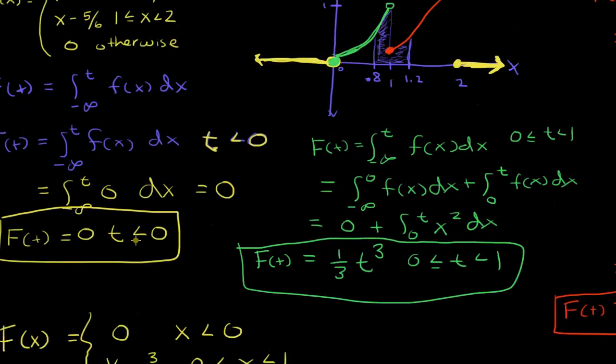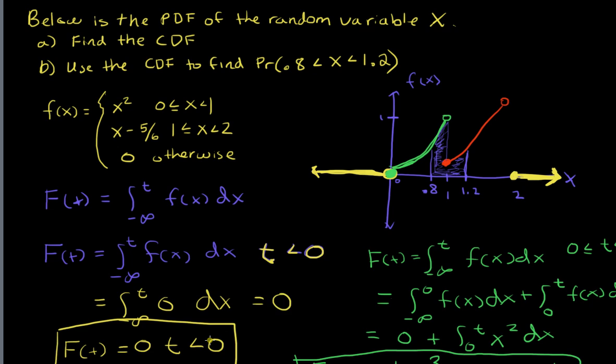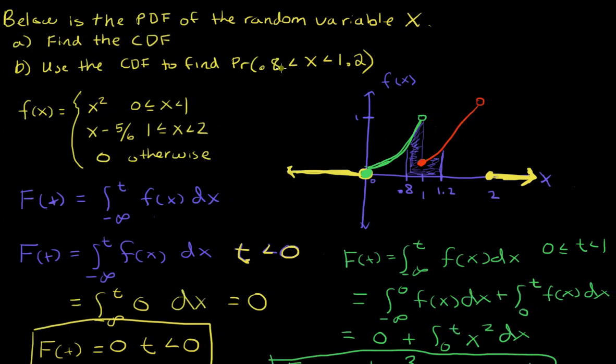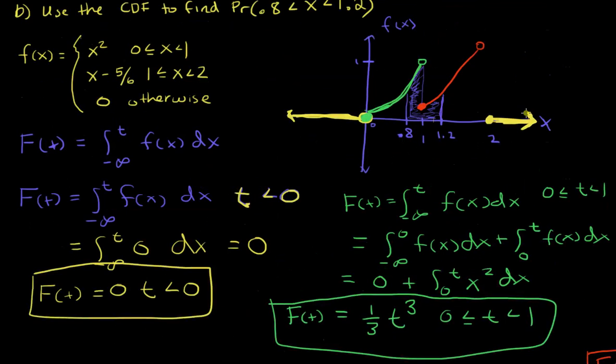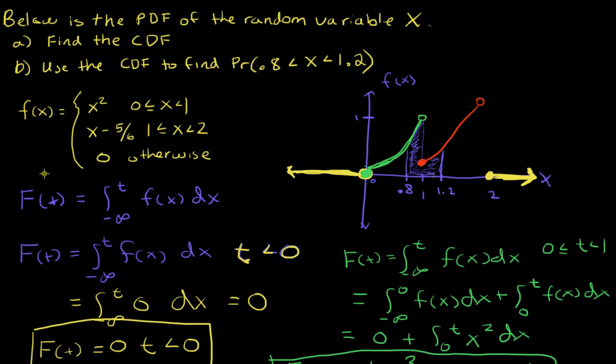Now, how do I use my CDF to find the probability that x is between 0.8 and 1.2? In other words, how do I use my CDF to find this purple area? So let me write it using purple. I want to find the probability that x is between 0.8 and 1.2. Now remember, your CDF tells you the probability that you are less than whatever number you give into it.